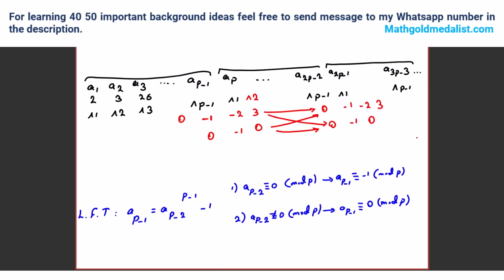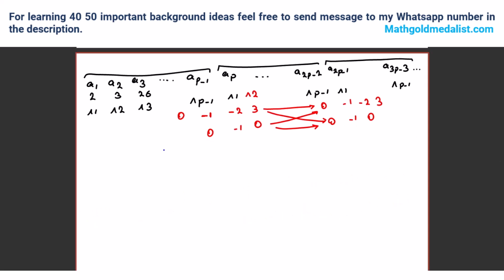So let's check them. If we check them, we can see that this part is what? We can go from negative 2 to negative 2, or from negative 1, for example, suppose we are focusing on only these parts.